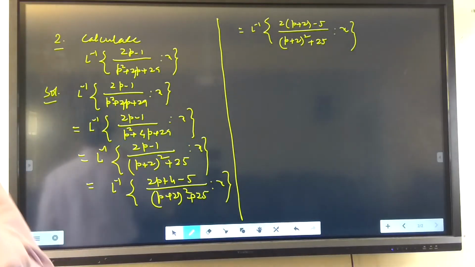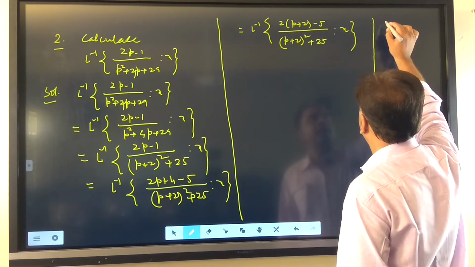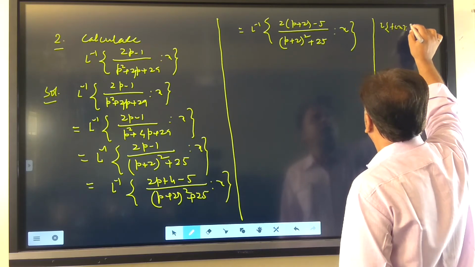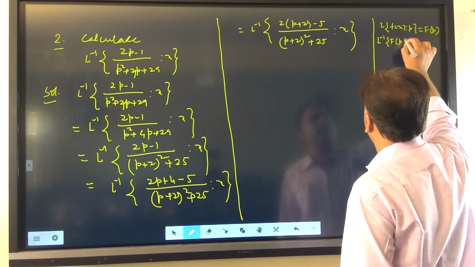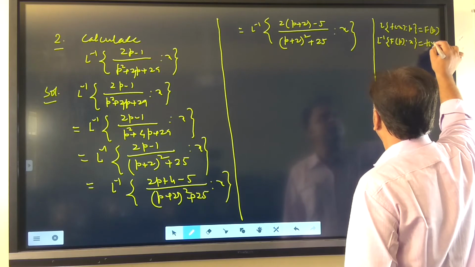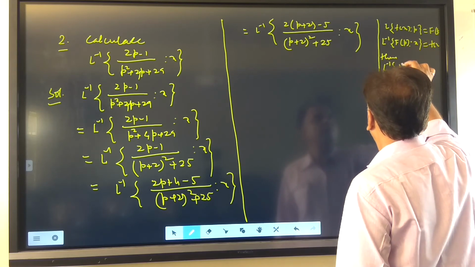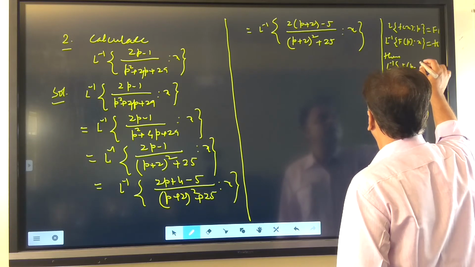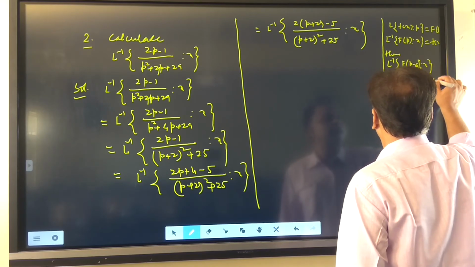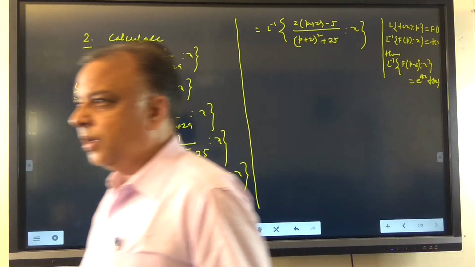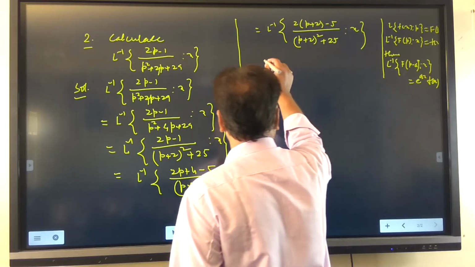Here we use the first shifting property, which shows that if the Laplace transformation of f(x) with respect to p is equal to F(p), or the inverse Laplace transformation of F(p) with respect to x is equal to f(x), then the inverse Laplace transformation of F(p minus a) with respect to x is equal to e raised to ax f(x).